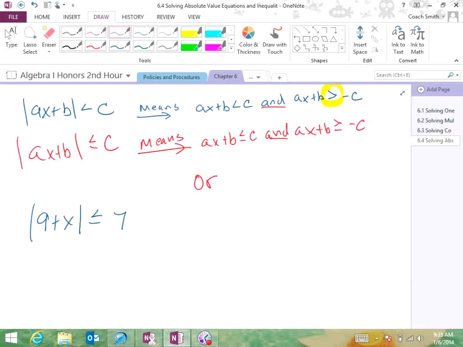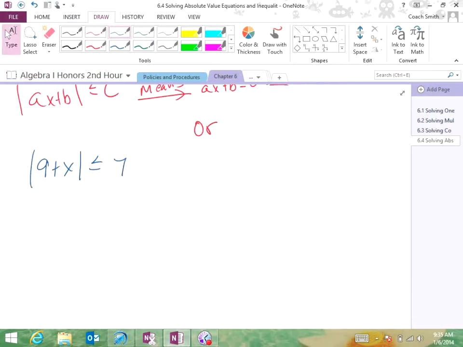I want to show you the difference between having an and statement and an or statement, and I will show you how to graph both of them as well. So to do this one, we simply do this.